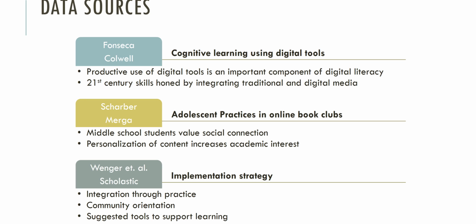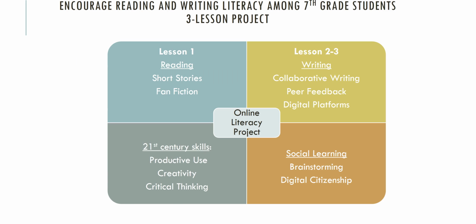So I feel that my digital habitat focuses more on the community orientation and the integration through practice. So by students responding to discussion prompts, by students critiquing each other through their feedback, that is how my habitat is set up.